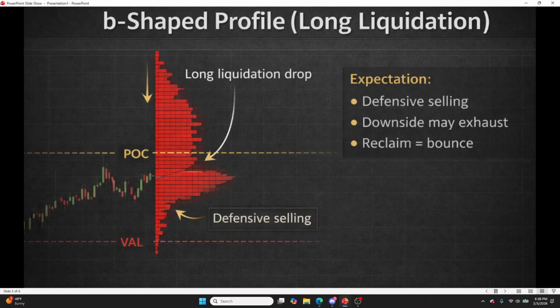The B-shaped is inverse. It's the exact same thing, but opposite. And this is your opportunity to really short the market when you identify these, because you're going to have super defensive selling at key areas, right? So if you have a point of control retest and a low volume node here, your expectation is to get a long liquidation drop to this area.